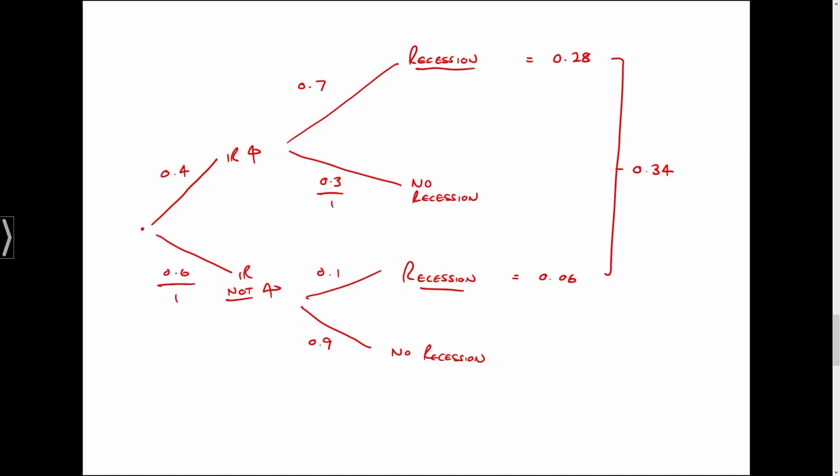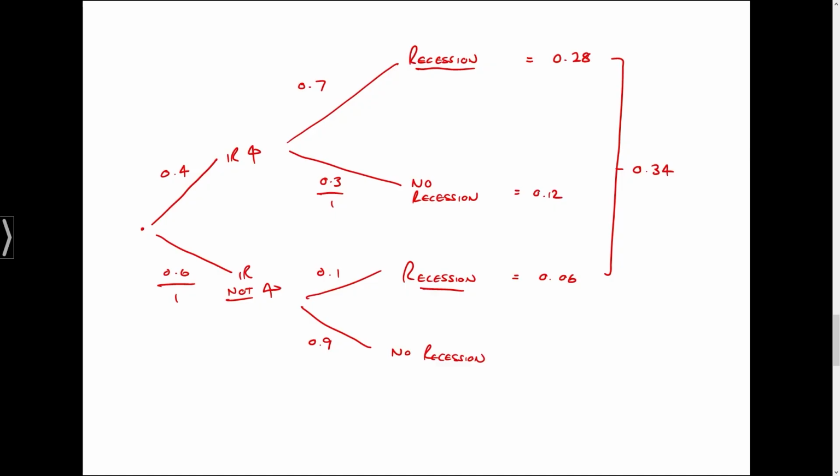Now, we could finish our decision tree off as well. Look, there's a 40% chance of an interest rate increase and a 30% chance of no recession. So no recession given an interest rate increase, that's going to come out at 0.12. And 60% chance of no interest rate increase and 90% chance of no recession.